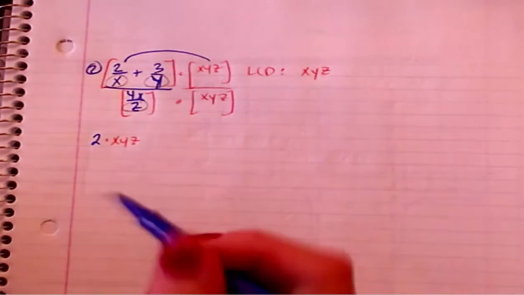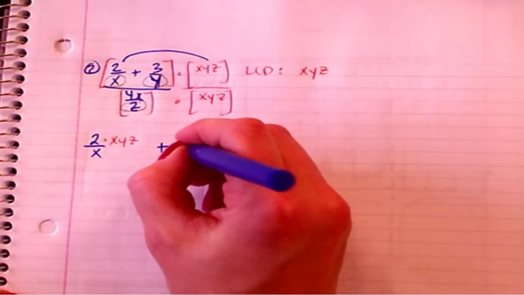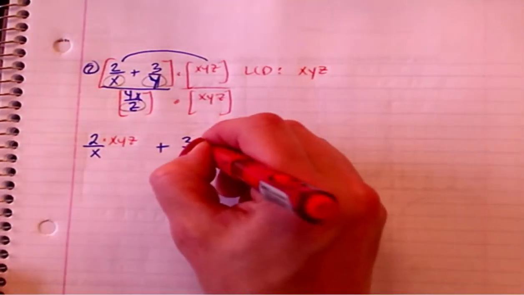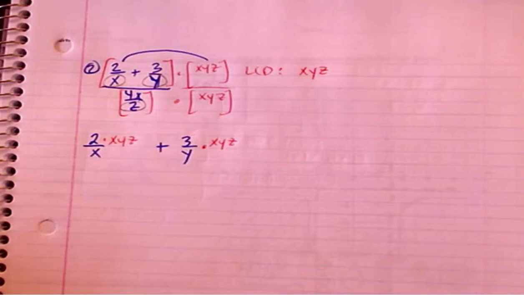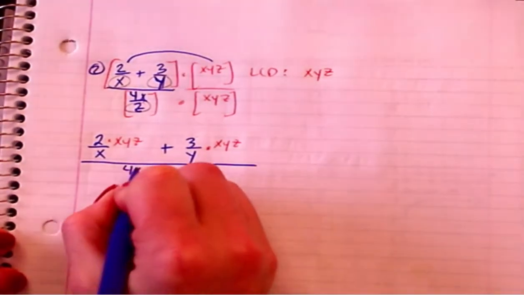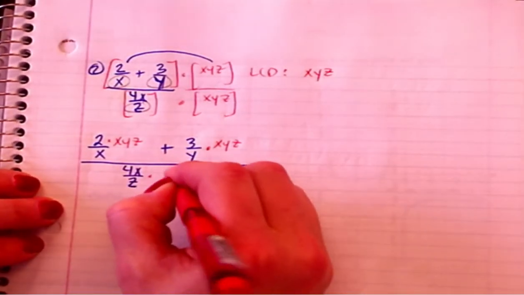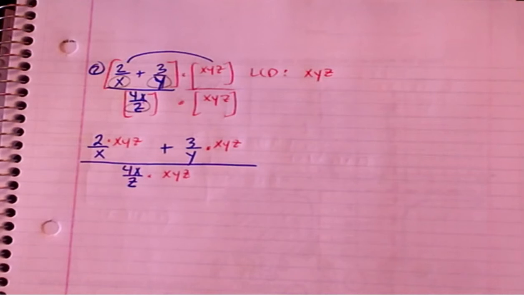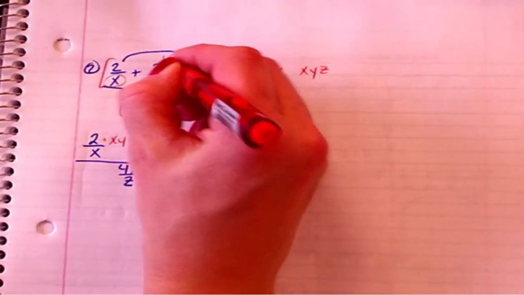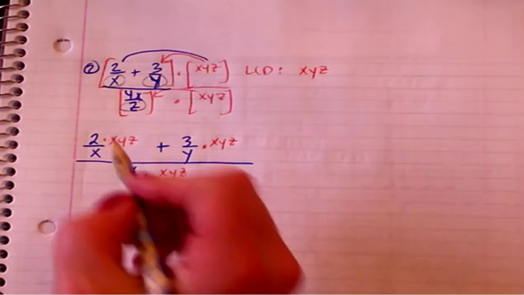I think some of you might benefit from seeing the actual distribution, which I would not typically do because it's a lot of extra writing. But if you see it once, that might help. That's what the distribution looks like. You actually distribute it to every term here. Now I can see the crossing out that maybe you didn't see the first time.